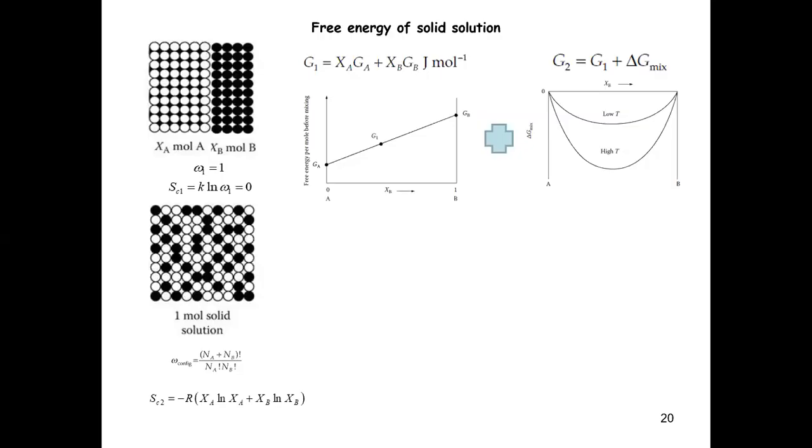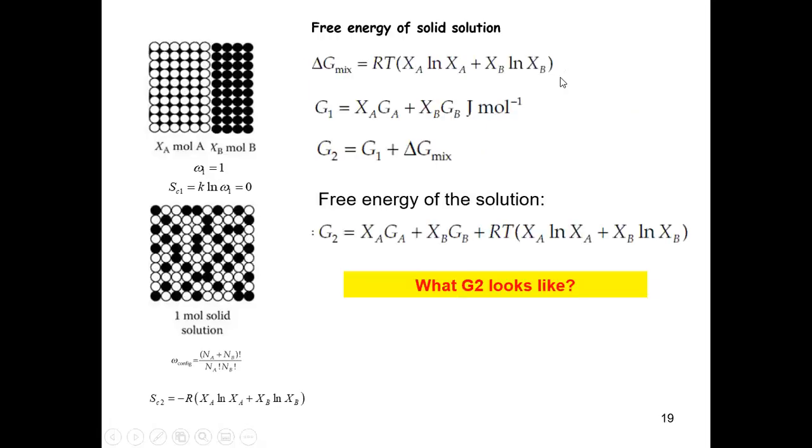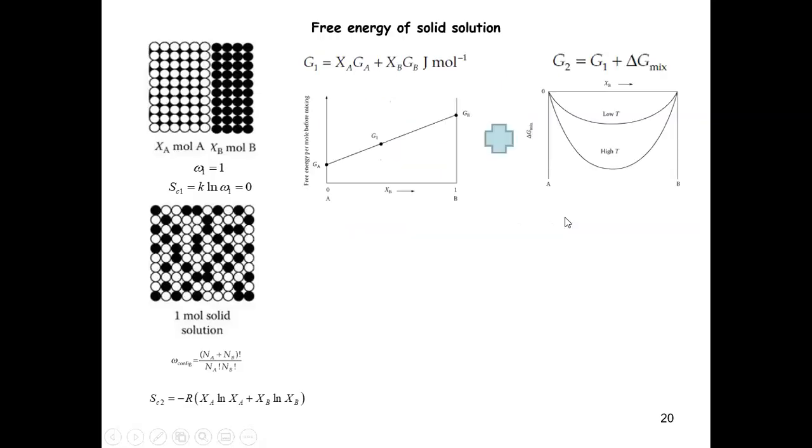But anyway, now, without doing any mathematical calculation, I give you the plot for G1, I give you the plot for G2, and I already showed you that this is the linear combination of the G1 part plus the delta G part. How would you imagine my G2 looks like?